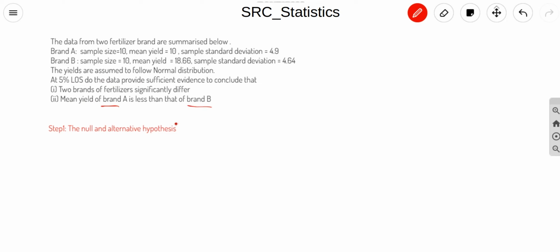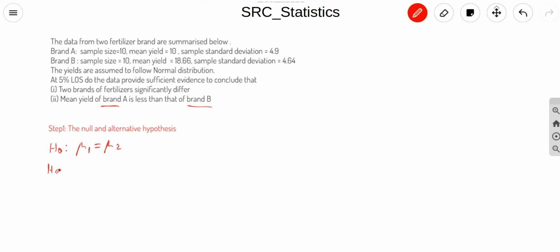So first step is formulation of null and alternative hypothesis. As we know, the null hypothesis is the hypothesis of no difference, we state that mu1 equal to mu2.